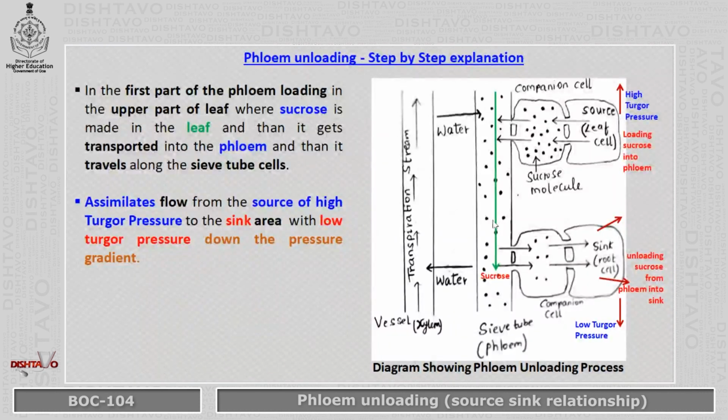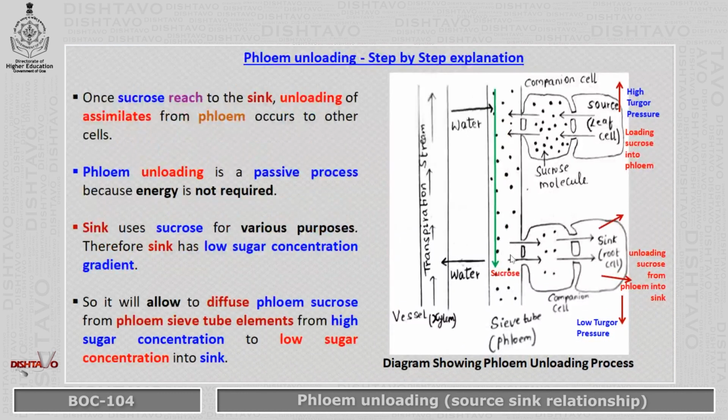The assimilates flow from the source of higher turgor pressure to the sink area with low turgor pressure down the pressure gradient. Once the sucrose reaches the sink area, unloading of assimilates from phloem takes place to the other sink cells.